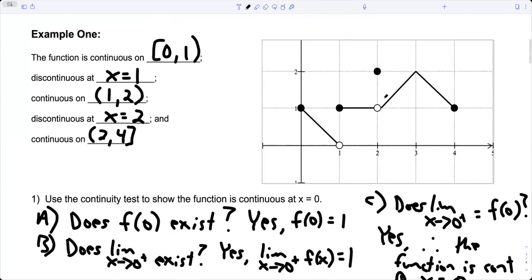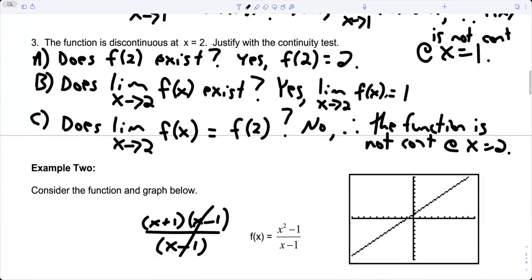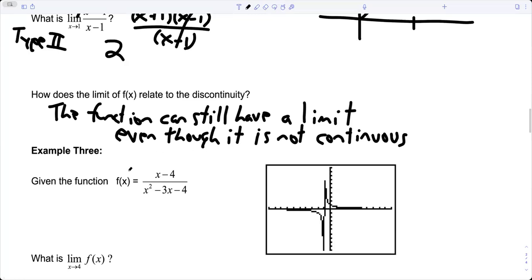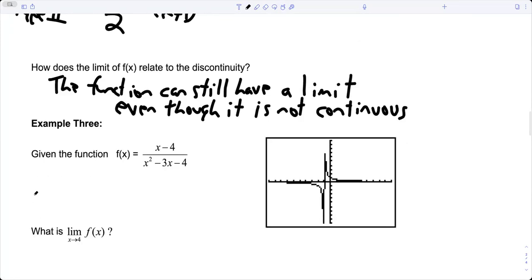Well, let's look at a different type of discontinuity. It says, given the function f of x is equal to x minus 4 over x squared minus 3x minus 4, the first question says, what is the limit as x goes to 4 of f of x? So I need to check to see if this will factor.